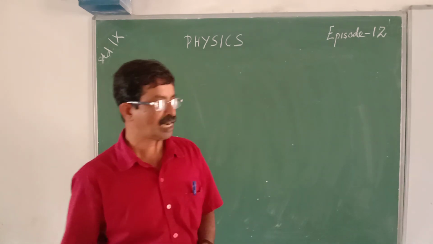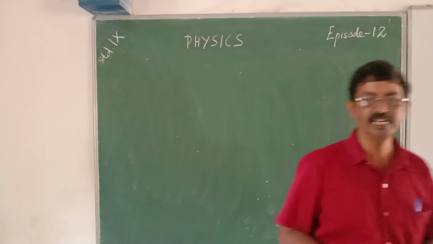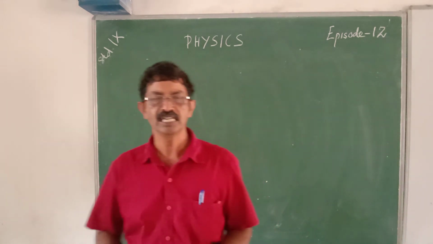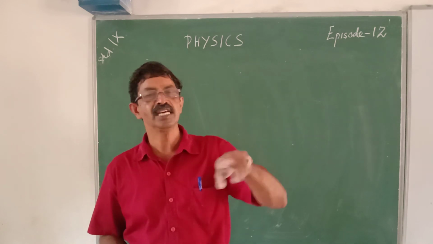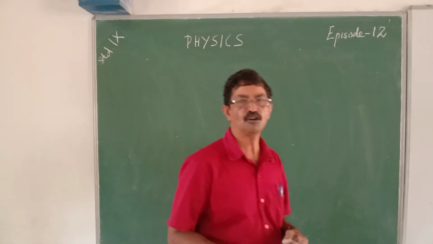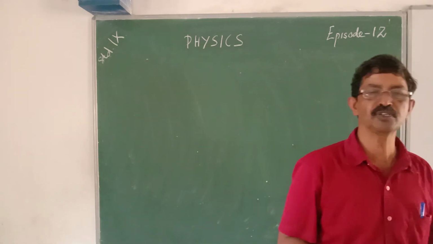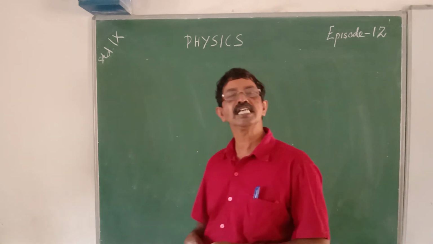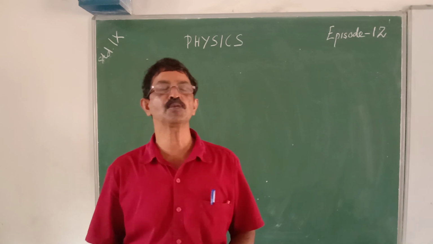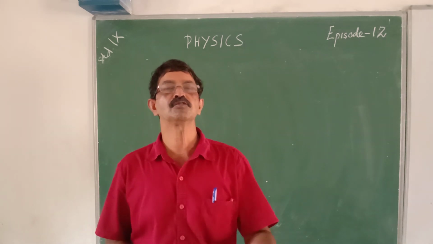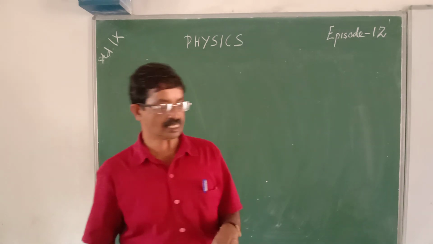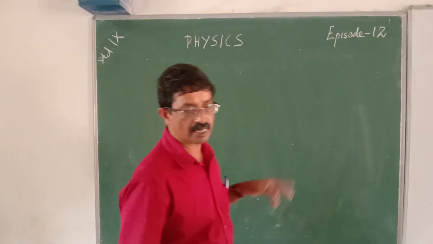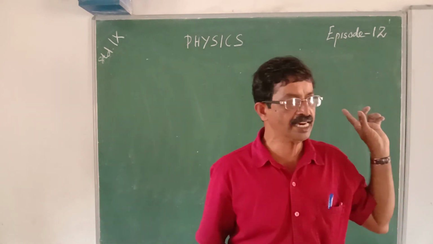Then Kepler's laws of planetary motion say that every planet moves in an elliptical orbit with the sun at a fixed focus. The second one is that the area swept by the radius vector is equal in equal times, as we discussed here.